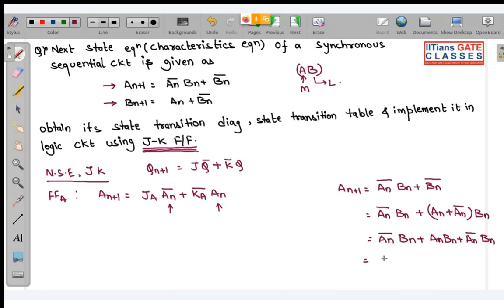So this will be Bn An complement plus Bn An. So this is An plus 1. Let me write this as equation 1 and this as equation 2. Now comparing equation 1 and equation 2, I am getting Ja as Bn, and K is equal to Bn complement.